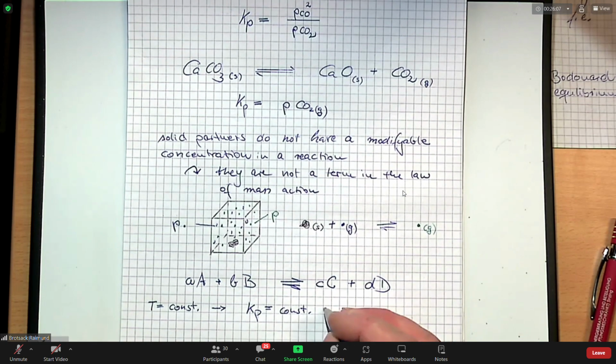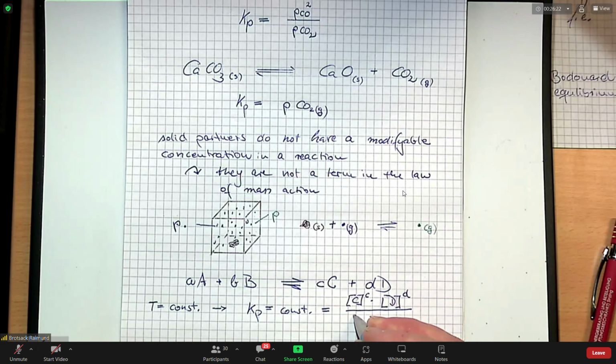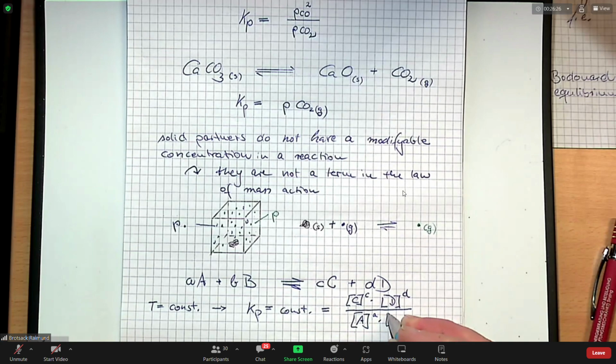That means, again, we have the concentration of C to the power of c times the concentration of D to the power of d over the concentration of A to the power of a times B to the power of b.